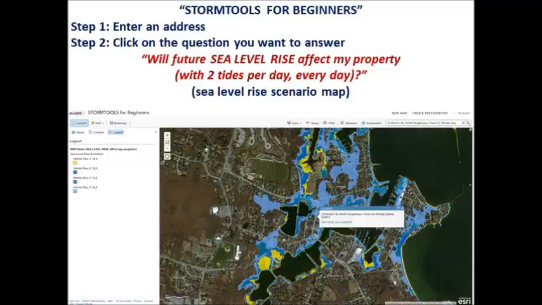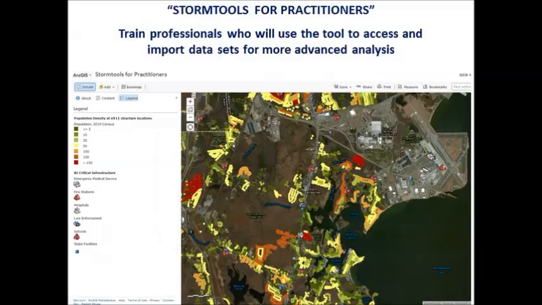And then what about just sea level rise? 2 tides a day, every day. Is my property going to be impacted? You can do the same sort of thing and look at 1, 2, 3, or 5 feet of sea level rise. So we're really trying to make this much more user-friendly, just for anyone to understand their risk.